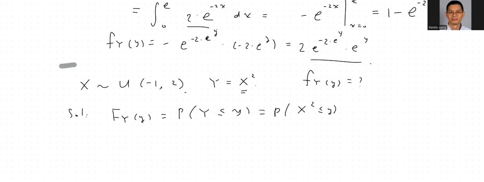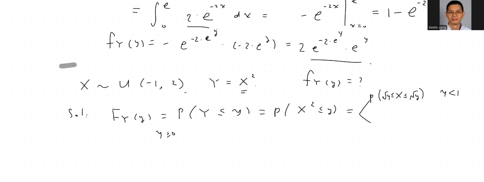This one we need to be very careful. When y is less than 1, then it is simply the probability of x greater than or equal to negative square root of y and less than or equal to square root of y. Okay. Y is not negative; we do assume that it's greater than or equal to 0.